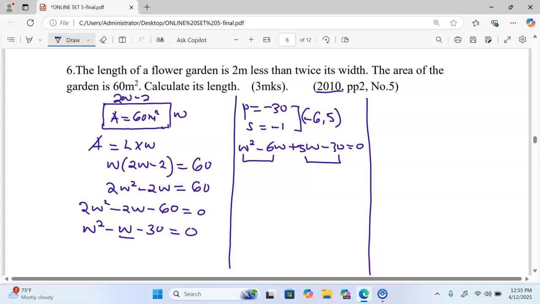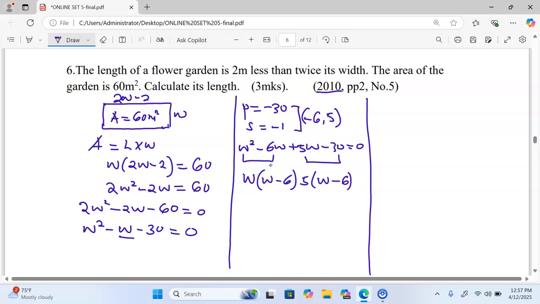Between W squared and minus 6W, W is common, so we take out W, that is W into W minus 6. Then this bracket is the same, so just place W minus 6 here before you look at the other pair. We are going to place 5 outside, so that 5 times W gives us 5W, and 5 times minus 6, you get minus 30.